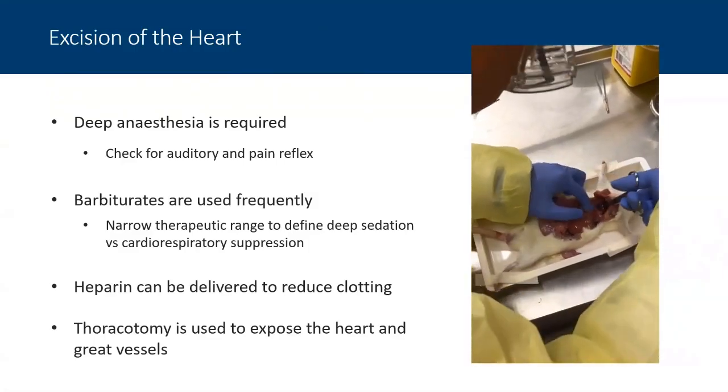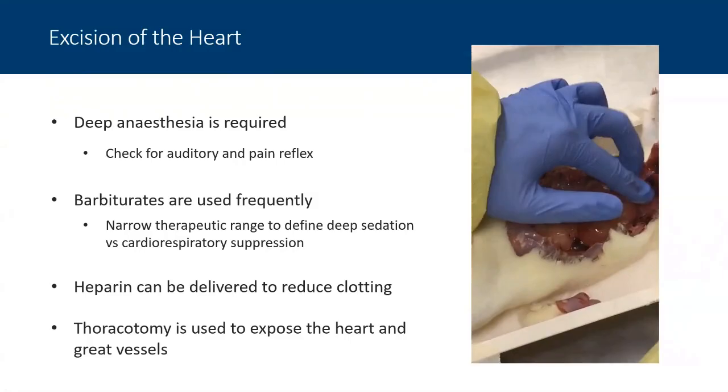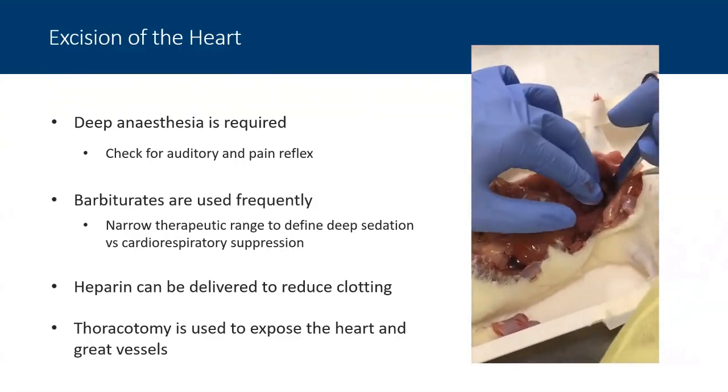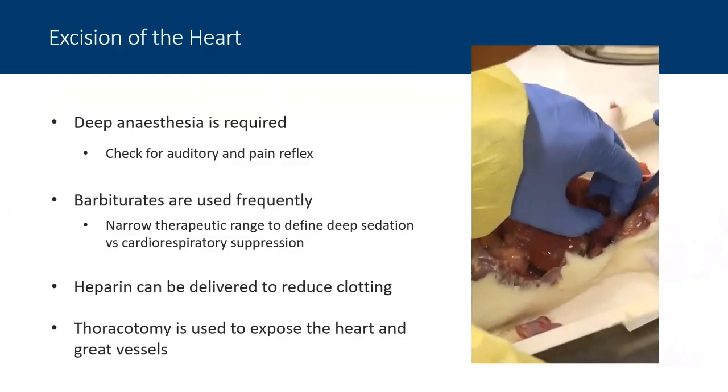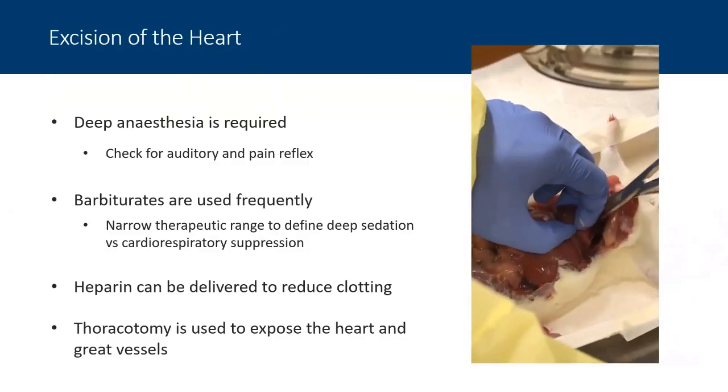We apply heparin to reduce clotting of the blood supply. That can either be delivered during the sedation, the deep anesthesia, or it can be applied separately. And lastly, we need to perform a thoracotomy. It's the thoracotomy and the incision into the diaphragm that is used to expose the heart, the great vessels, and actually lead to the ultimate death of the animal.